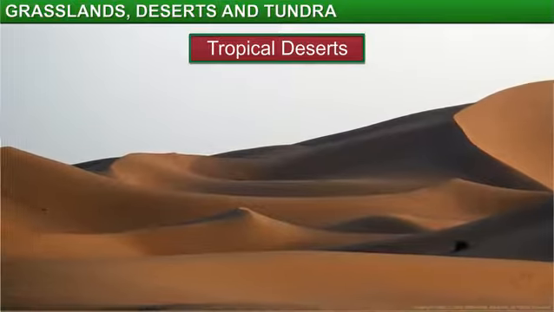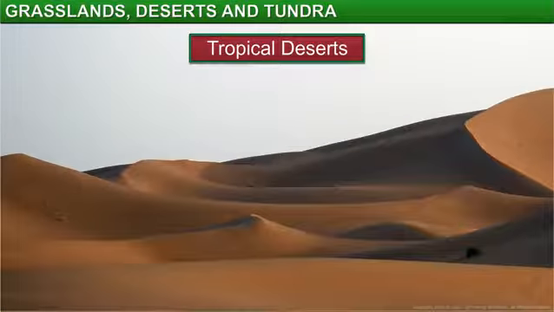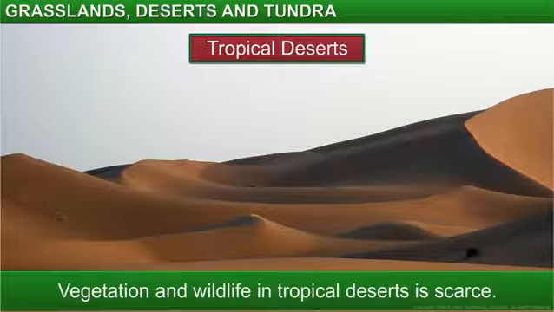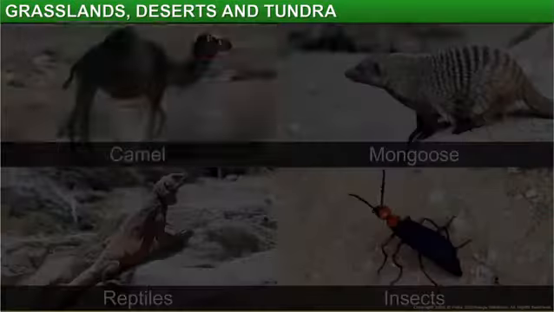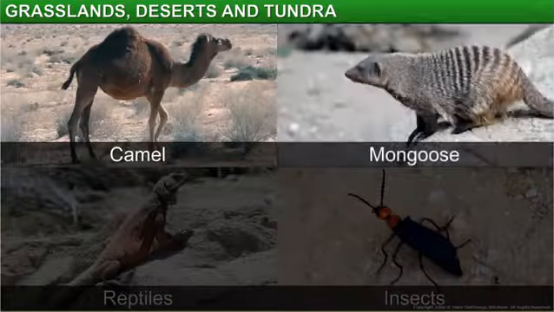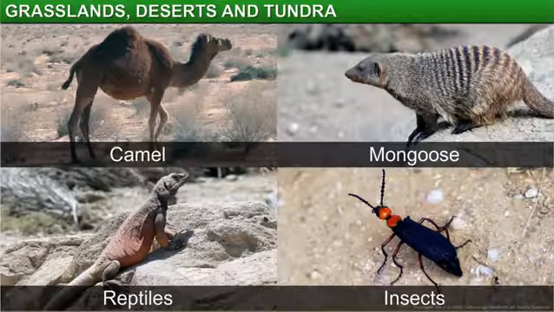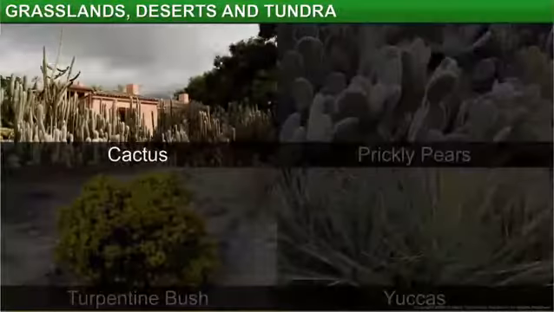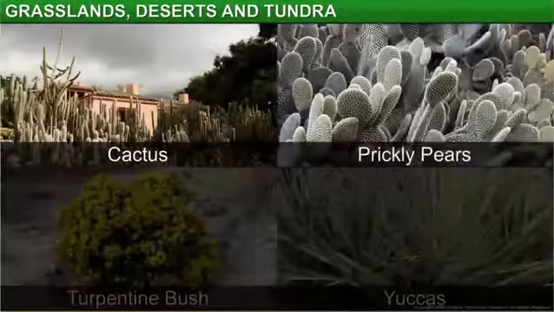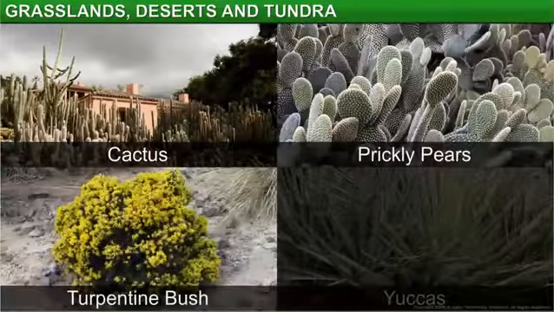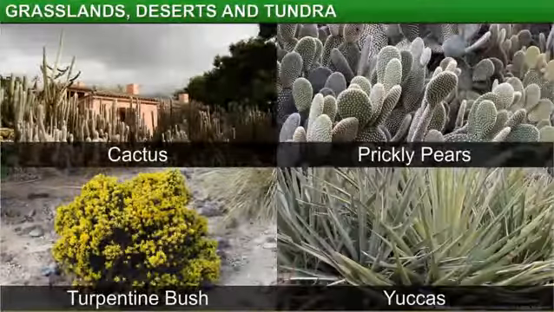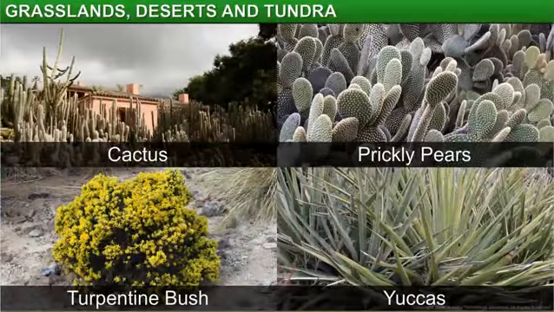Due to these harsh conditions, vegetation and wildlife is scarce. Animals like the camel and the mongoose, and a variety of reptiles and insects live in deserts. Cactus, prickly pears, turpentine bush, and yuccas grow in these deserts.